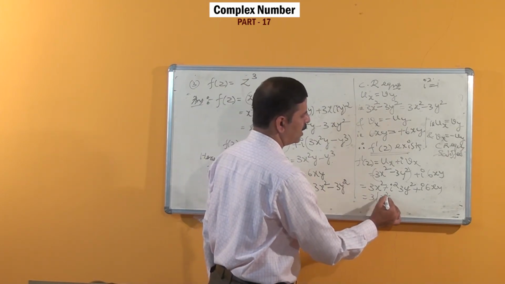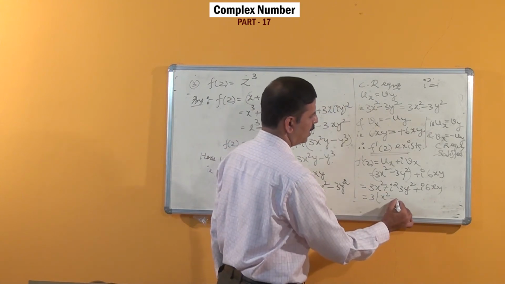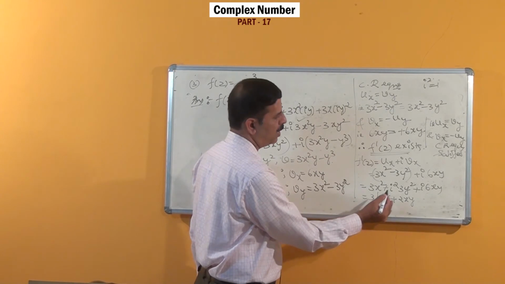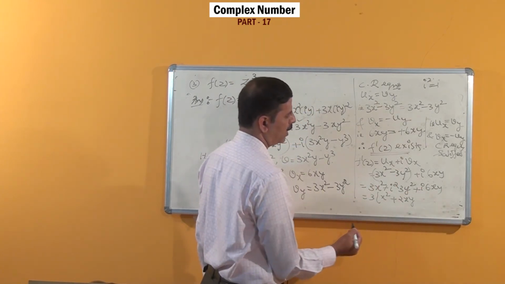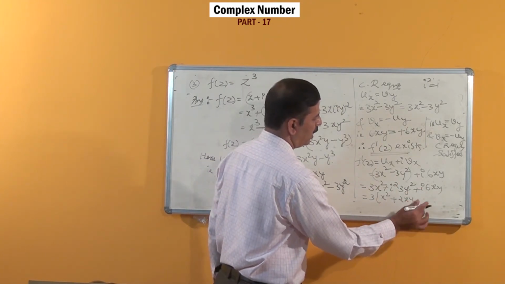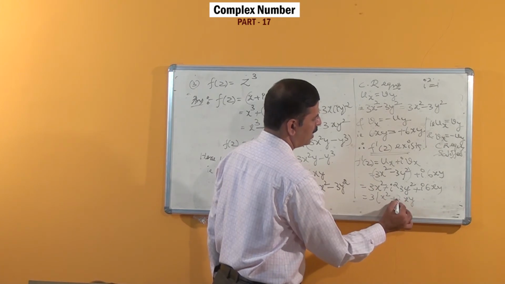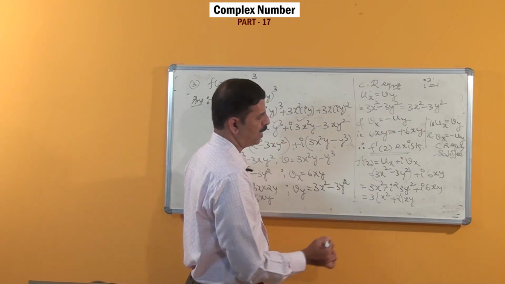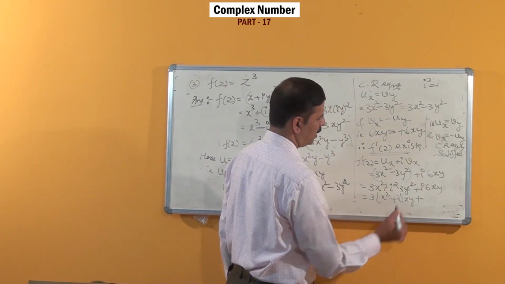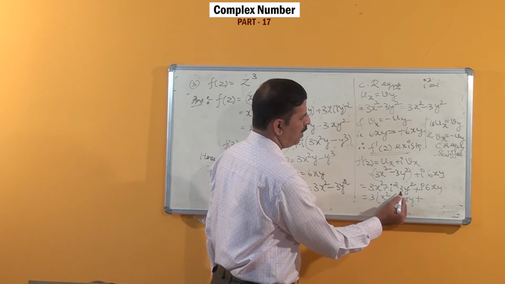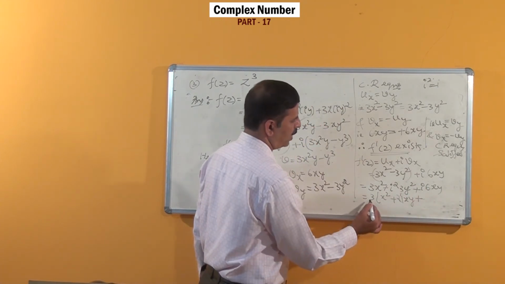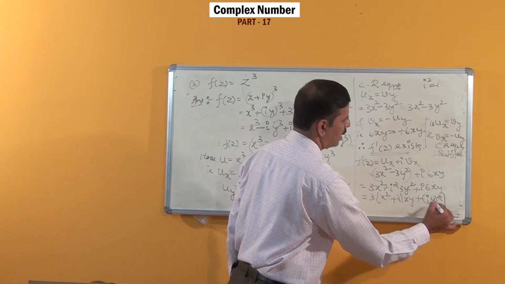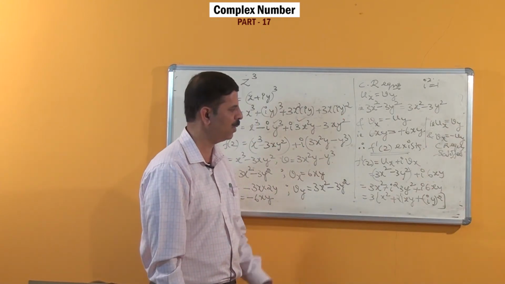It becomes a square plus 2ab, where ab is x times iy, with only 3 taken outside, plus once again i square y square. Can I write it like this? Yes, true, a whole square.